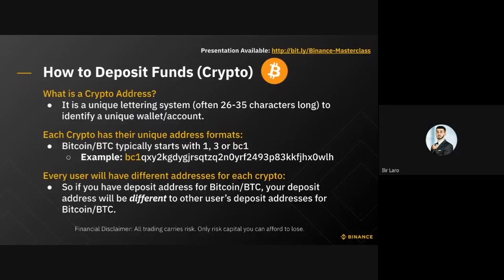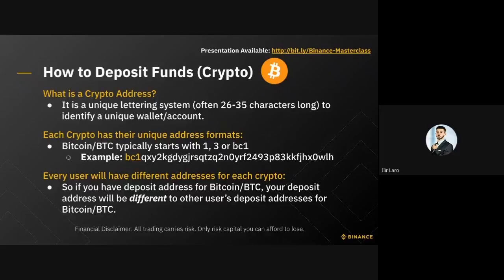Essentially, a crypto address is a unique lettering system. It's often 26 to 35 characters long, and it basically identifies a unique wallet account. Like an account number and sort code, a crypto deposit address is just a unique identifier to identify a certain wallet or certain account.